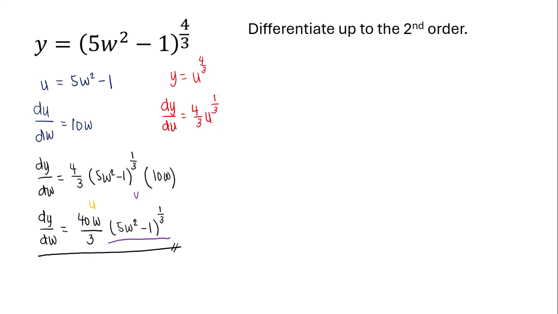So from there, if our u is equal to 40w over 3, du with respect to w will now be 40 over 3 times 1, or 40 over 3. On the other hand, if v is equal to 5w squared minus 1 to the 1/3 power, or simply the cube root, then dv with respect to w, we can apply the chain rule and power rule.